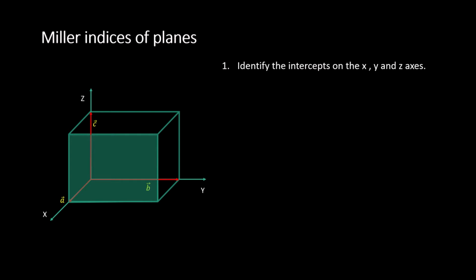In this case, the intercept on the x-axis is at x equal to a, but the surface is parallel to the y and z axes. Therefore, there is no intercept on these two axes, but we shall consider the intercept to be at infinity for the special cases where the plane is parallel to an axis. The intercepts on the x, y and z axes are thus a, infinity and infinity.